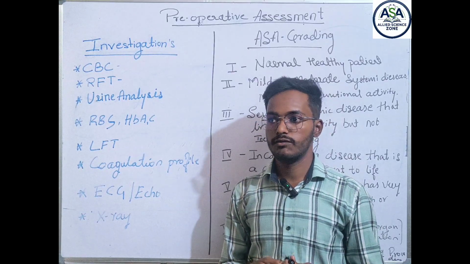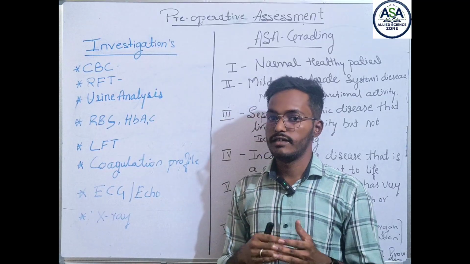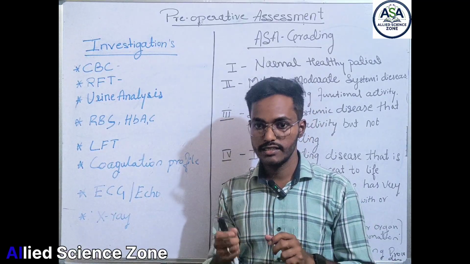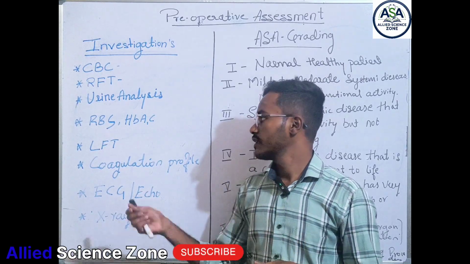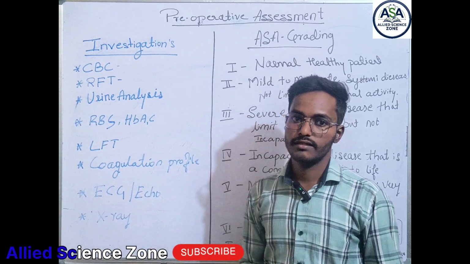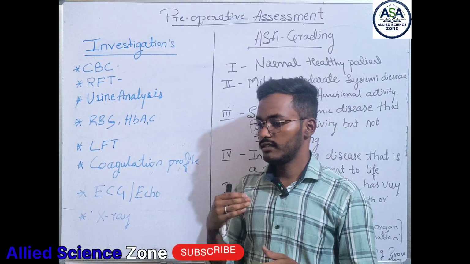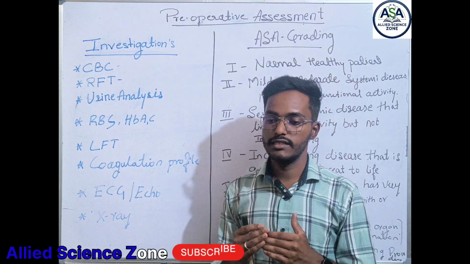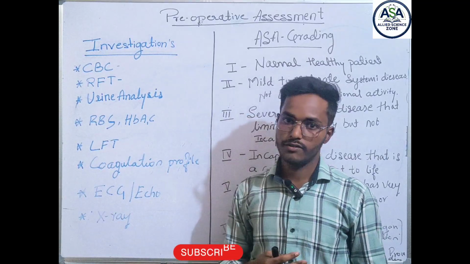If the ECG is normal, it is okay, nothing to worry. If there is any change or variation in the ECG, you have to go through the next investigation, echocardiography.